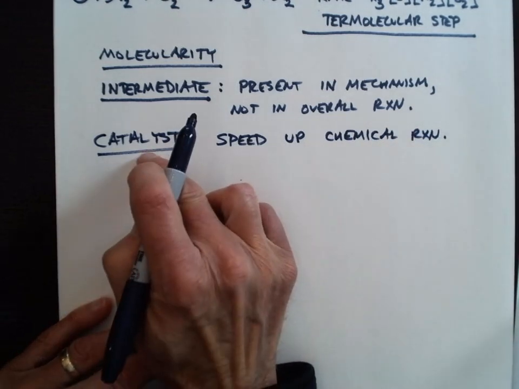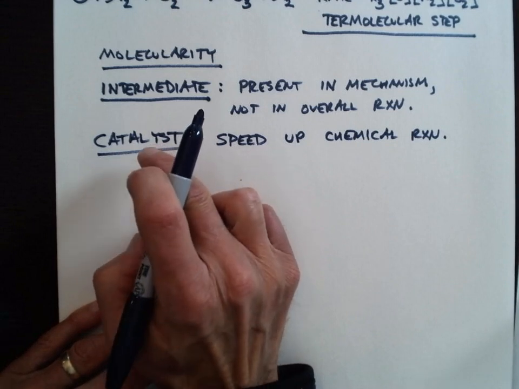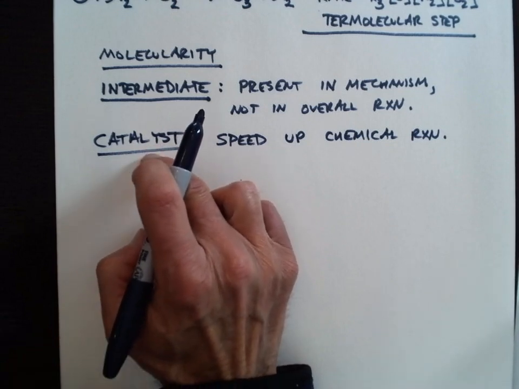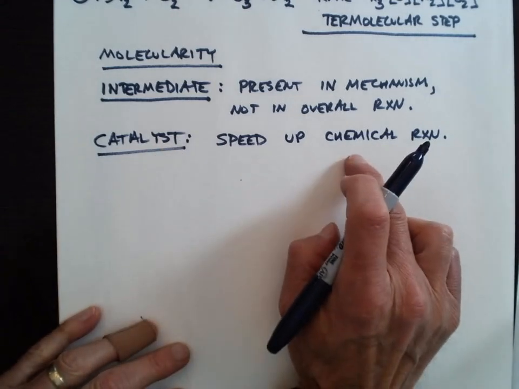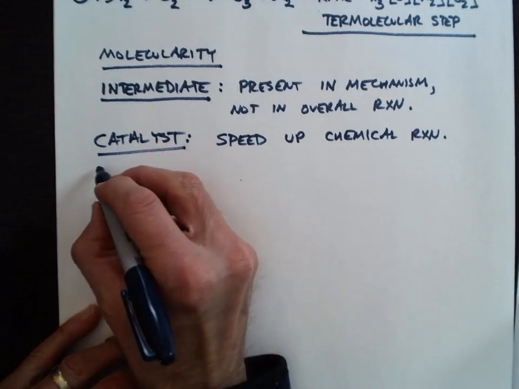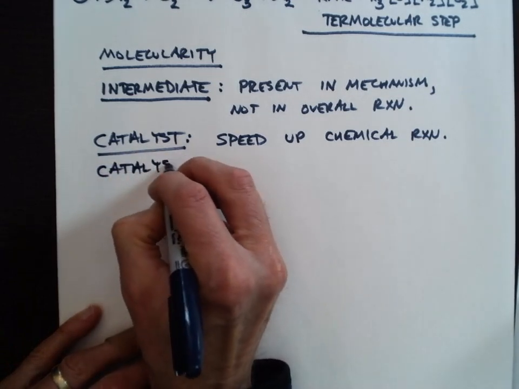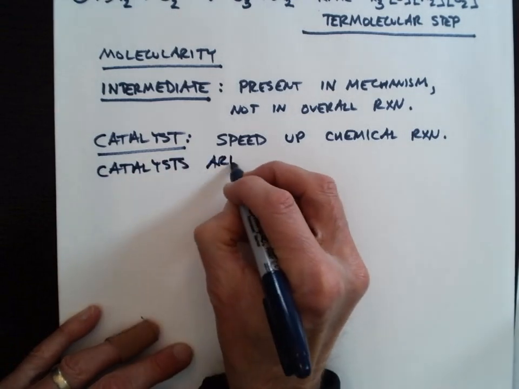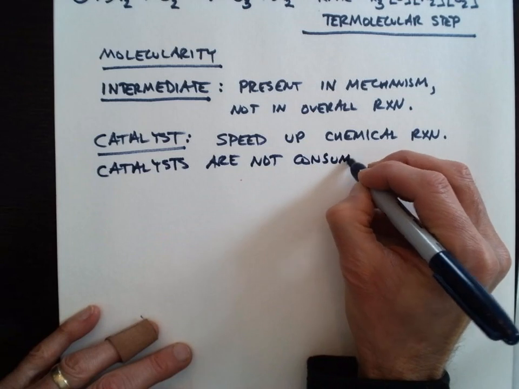Now, reactants also speed up chemical reactions, right? If you have reactant present, the higher the concentration of the reactant, we know the higher the rate of the reaction. But in contrast to reactants, catalysts are not consumed, whereas, of course, reactants are.